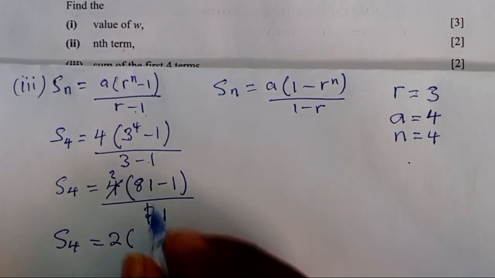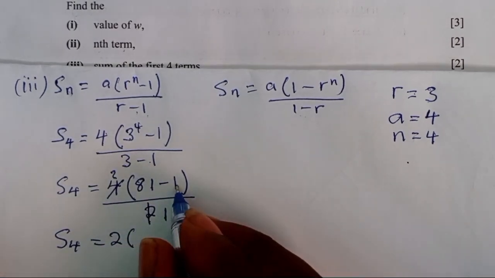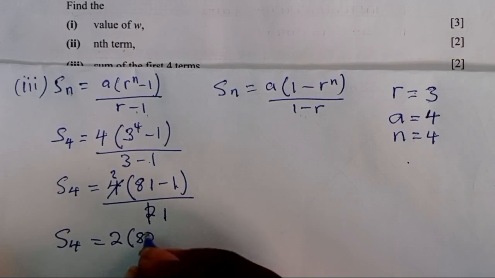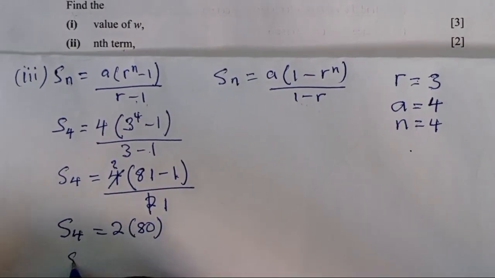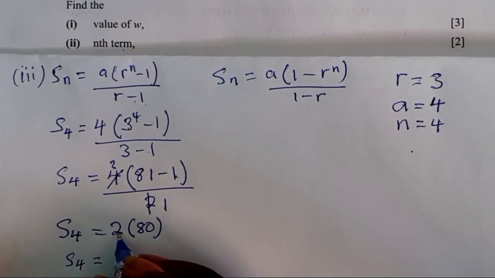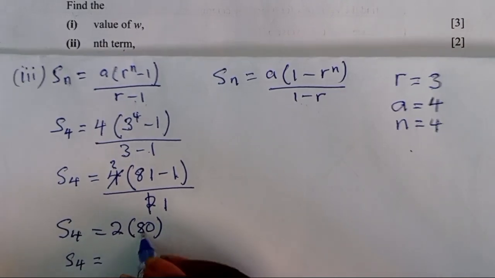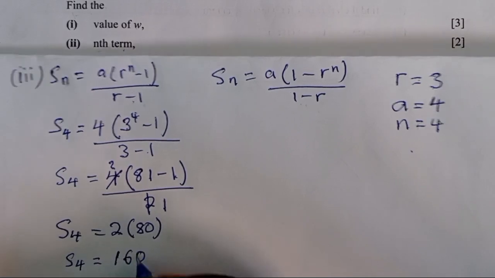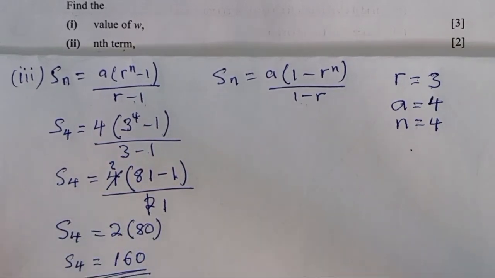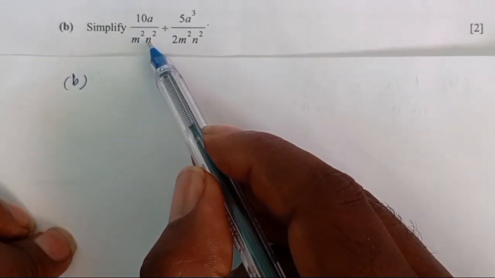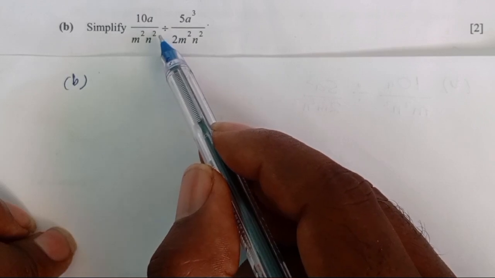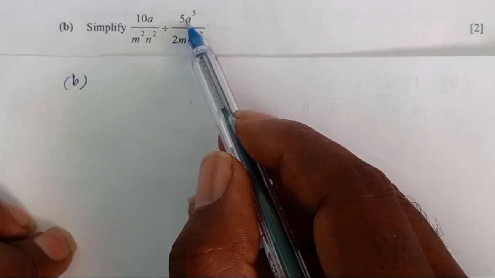So it will be 2 times 81 minus 1, we are going to have 80. So sum of the first 4 terms is equal to 2 times 80, we are going to have 160.